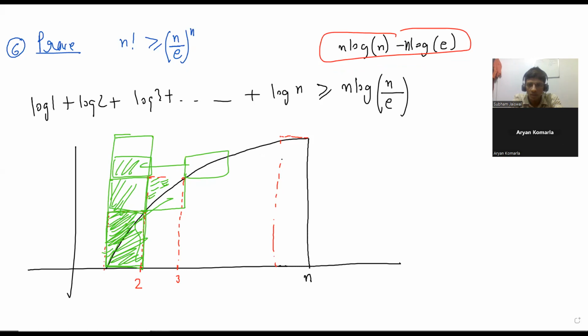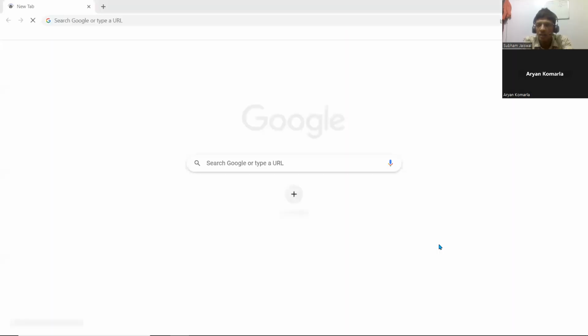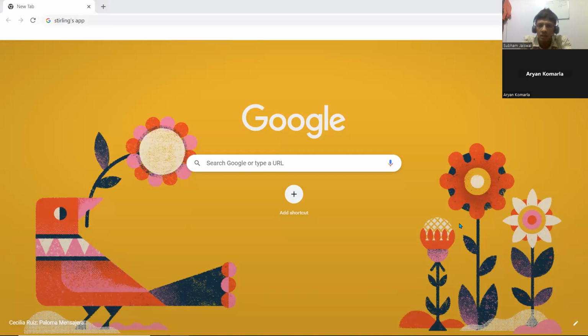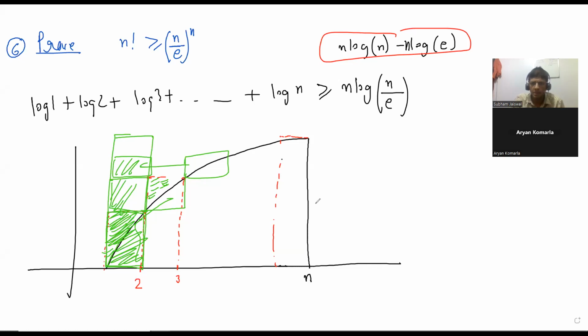Sir, and one more thing. When we actually do the integral, we'll get that the entire summation is greater than n log n minus n plus 1. So we get the answer, but then we get that it's a strict inequality, sir. You mean here you will get it strict?